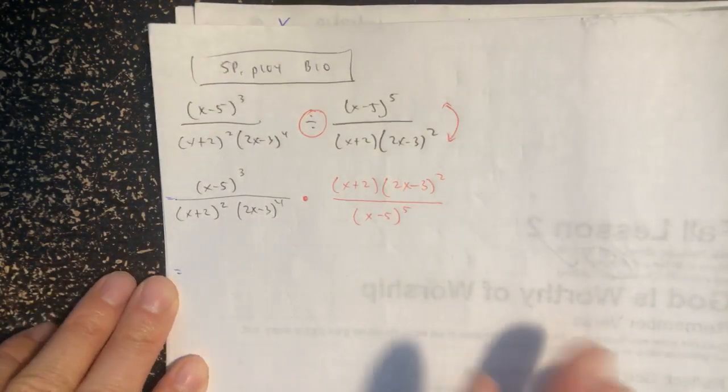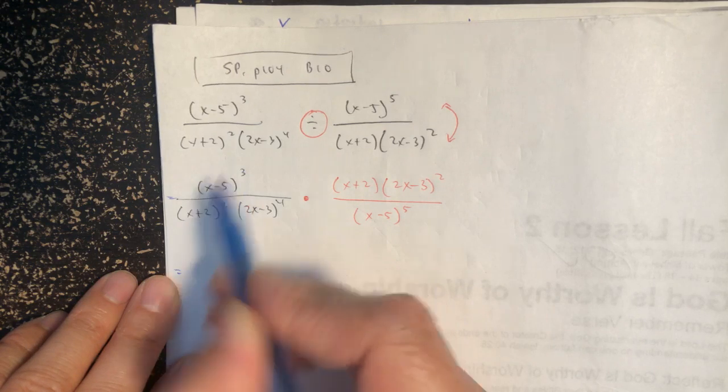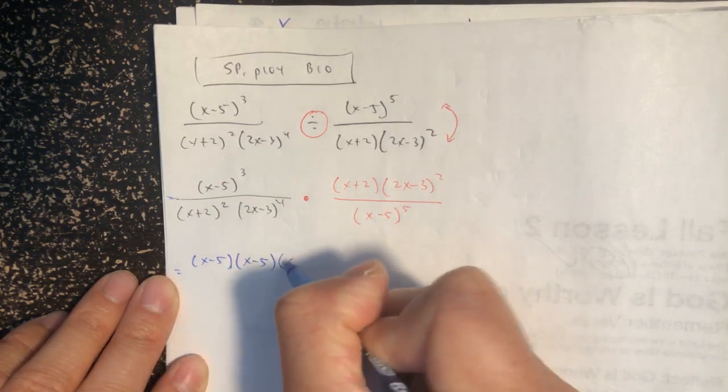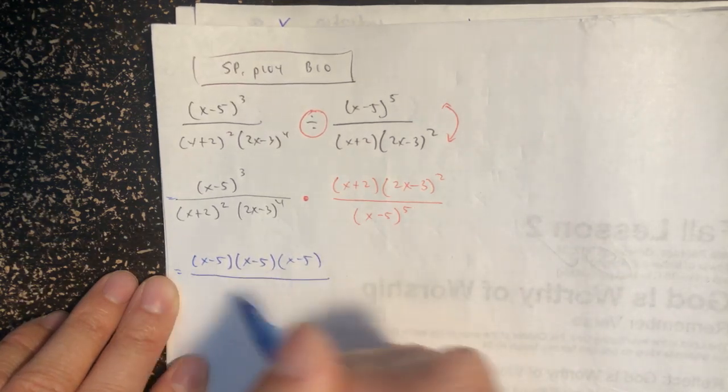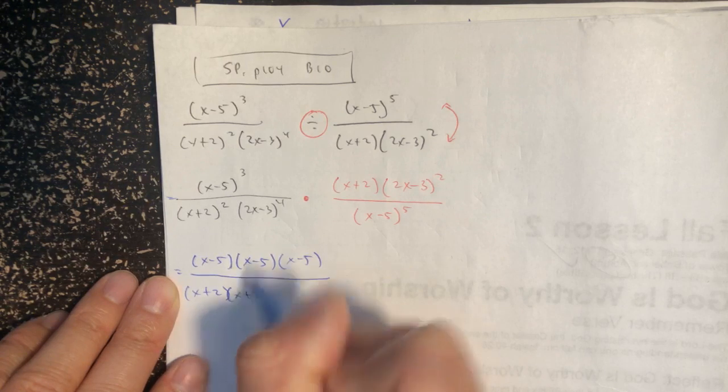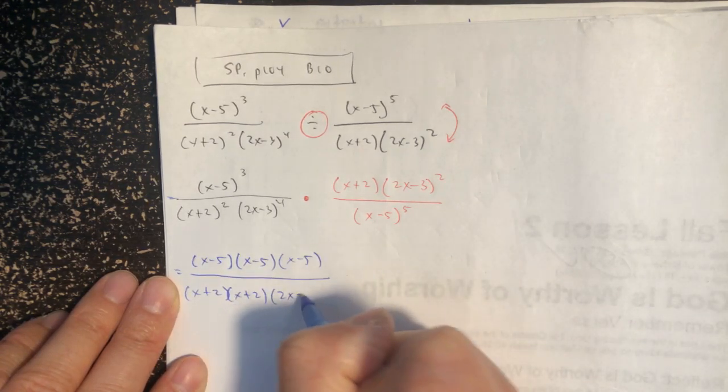Okay, I'm going to try to make this obvious. I have 3 of these. Or you can just use rules of exponents if you know what you're doing. And then you have 2 of those. And you have 4 of those.